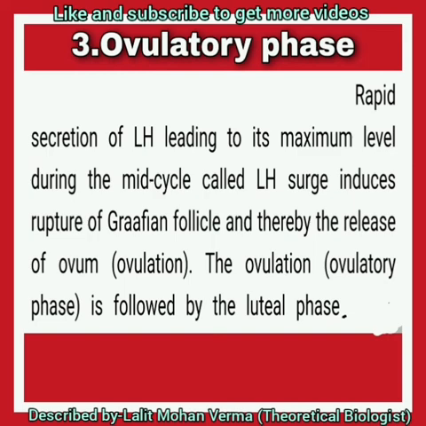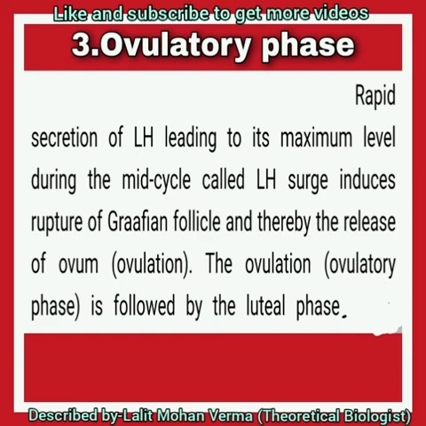This is a most important question for the board. LH surge induces rupture of the Graafian follicle and thereby the release of the ovum. So this is called ovulation. And ultimately the ovulatory phase is followed by the luteal phase.